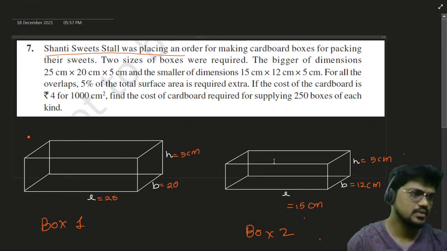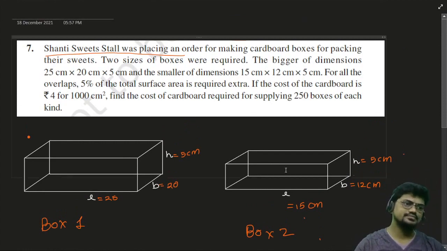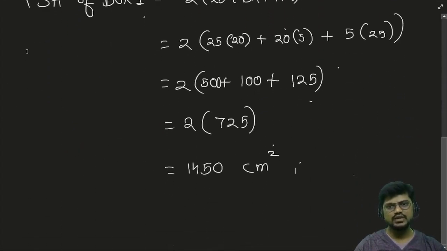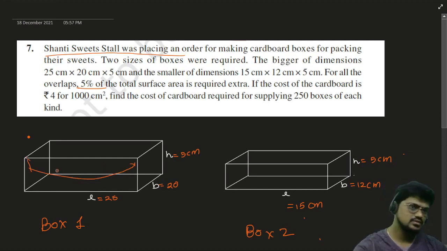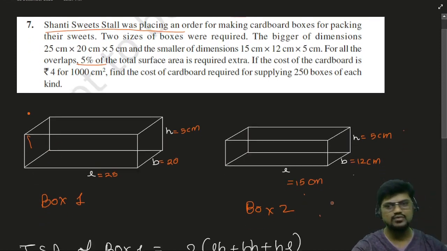Now this is the area of each box, total surface area of one box. As they said, there will be 5% extra required for overlapping, right? When you see a box, there will be some overlapping also. There are covers like this over here, right? There are extra areas also, so we'll have to count that also.